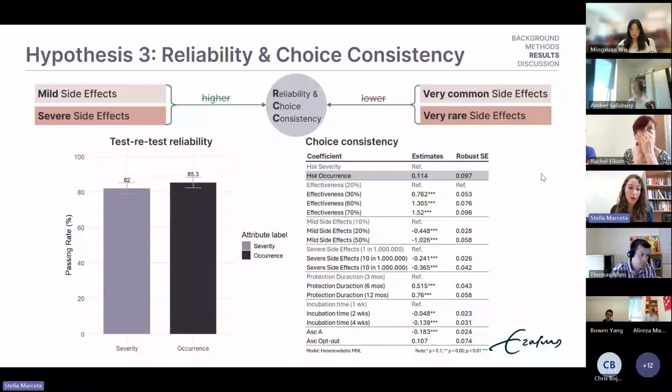Here you see how many people gave exactly the same response. Then we also looked at choice consistency, where you can look at the scale coefficient, and if that is significant for the study arm, that would mean choice consistency differs between the study arms, but that was also not the case here.